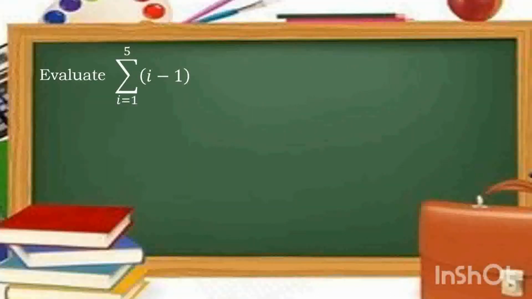So evaluate the summation of i minus 1 as i goes from 1 to 5. Let's find the sum of i minus 1 terms as i goes from 1 to 5.